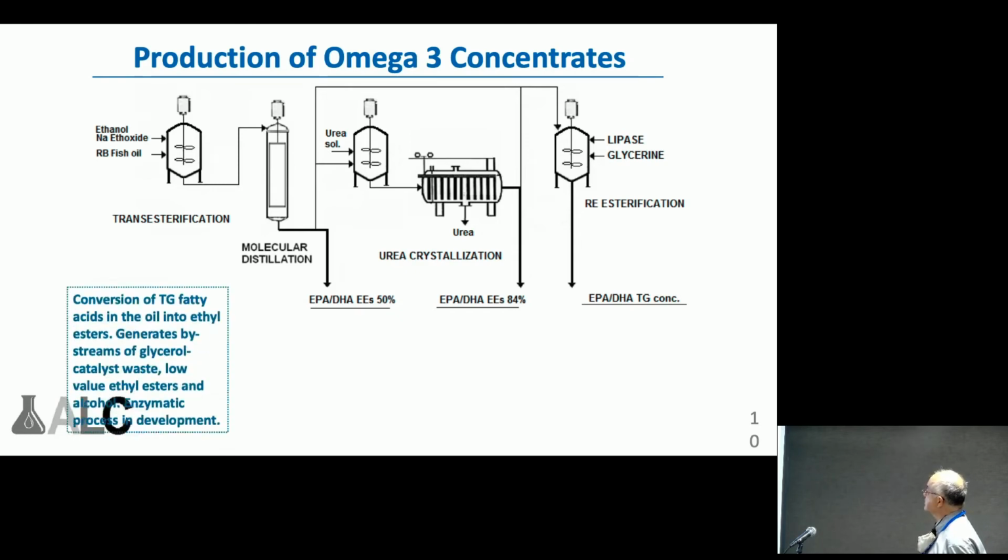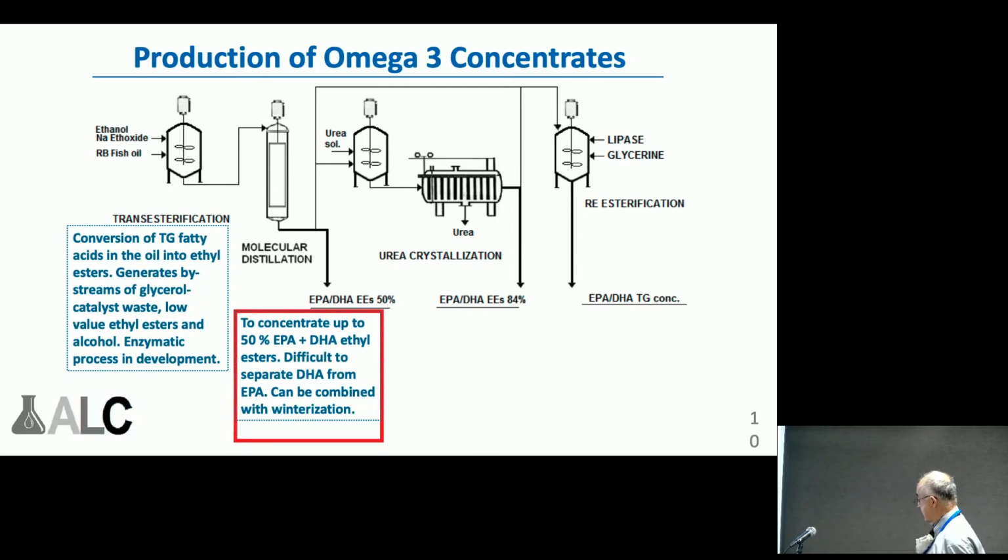For omega-3s, we also have this series of steps, and this is the step where our system, this short path stripper and this ROTOTHERM, this rotary scrape surface evaporation system that we have, is able to concentrate. Usually you can achieve 50% concentration by molecular distillation.